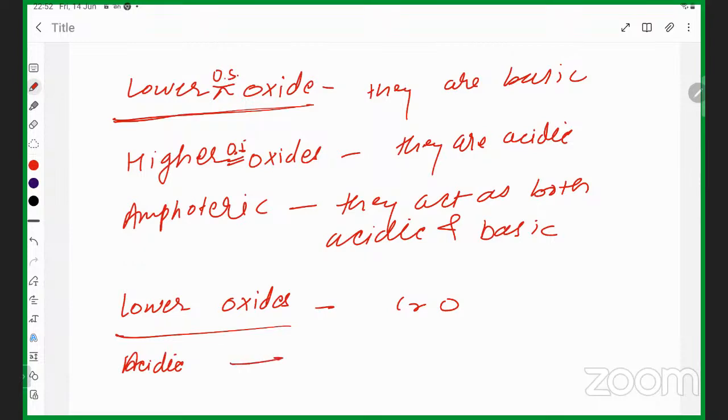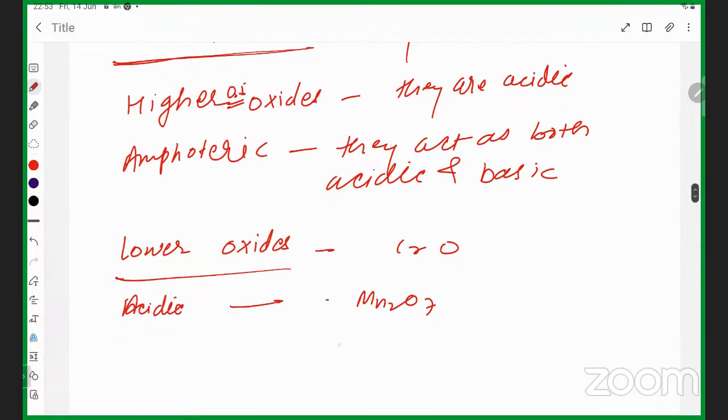Let me see the examples also. Mn2O7. This is there. It is acidic.